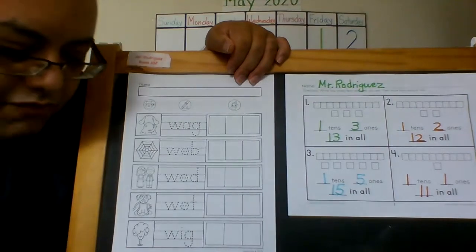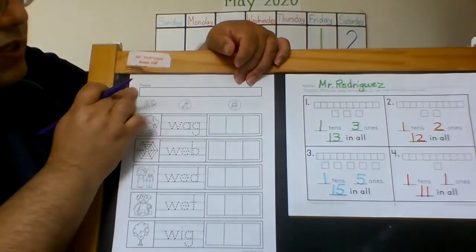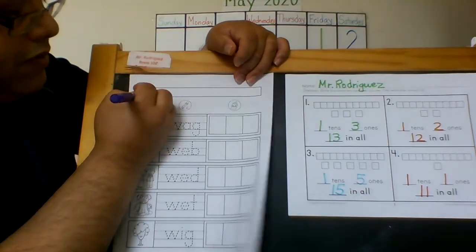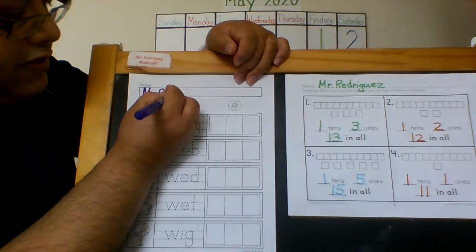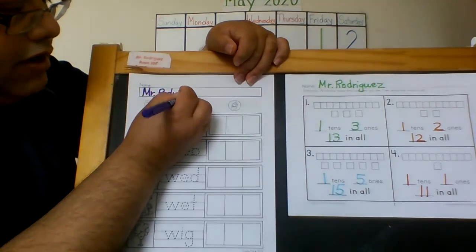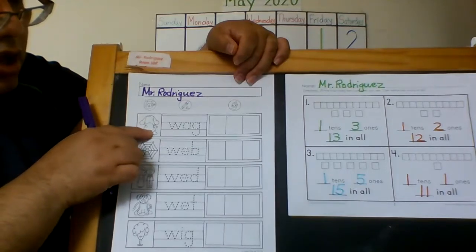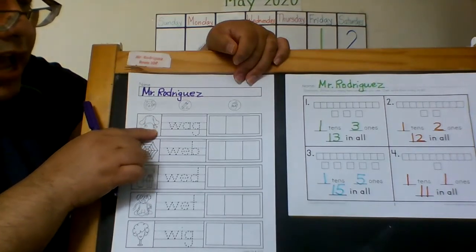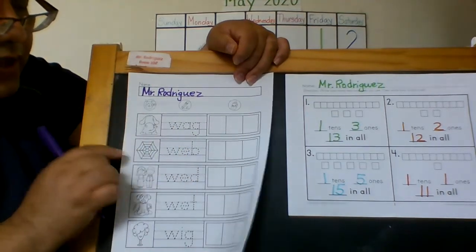Alright, so you already know what we're going to do. Now I'm going to write my name, Mr. Rodriguez, and I'm going to look for the pictures of W. I have a dog, but he has a tail and he's wagging his tail, so that's wag.